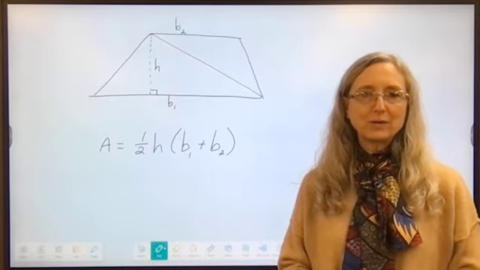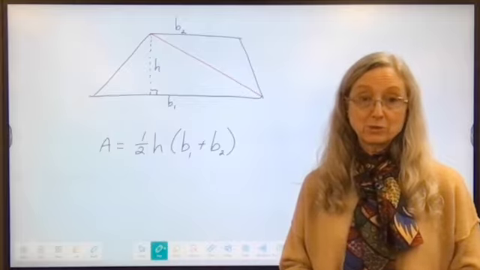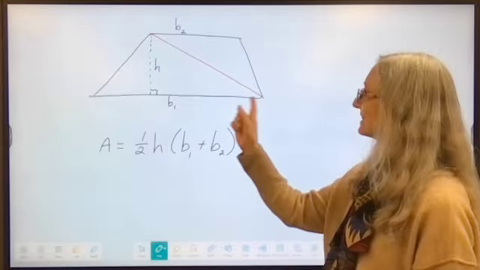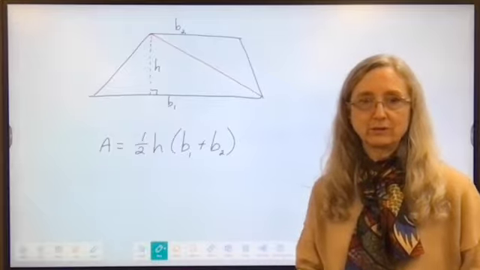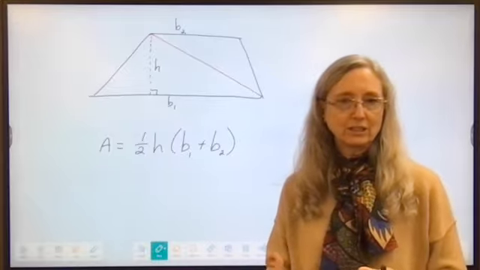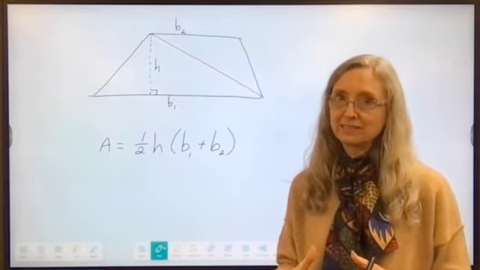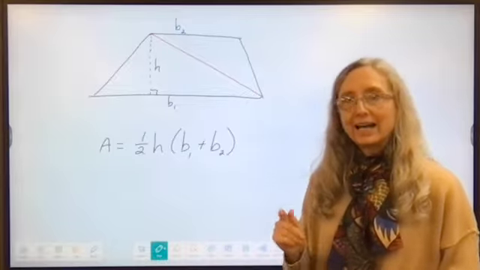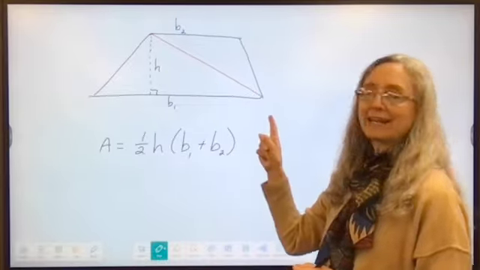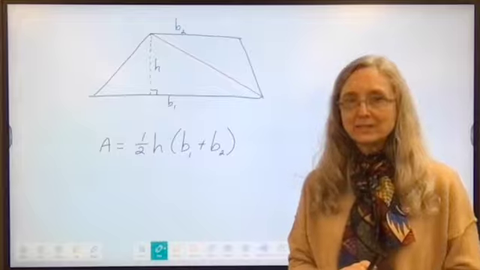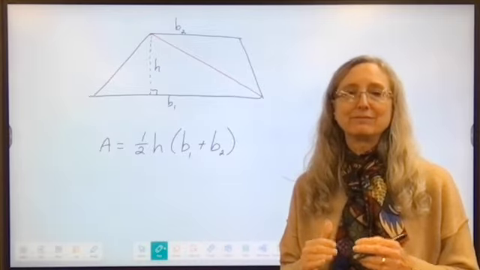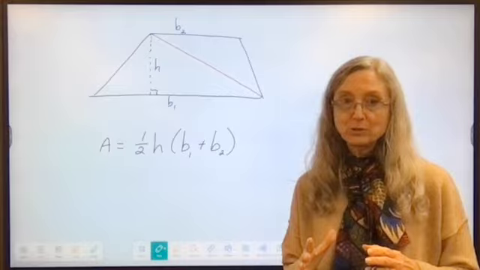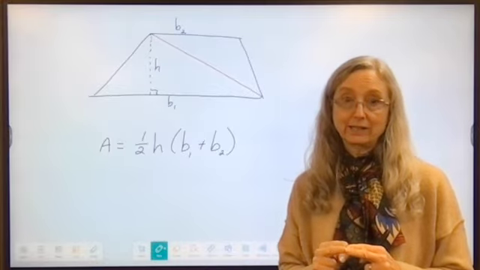The first quadrilateral we want to work with is the trapezoid. Remember, a trapezoid has exactly one pair of parallel lines, and it can look a lot different, but it's still a trapezoid. Notice I drew this red diagonal here, and what I did was effectively divide my trapezoid into two triangles.